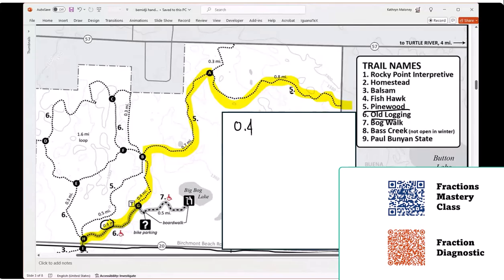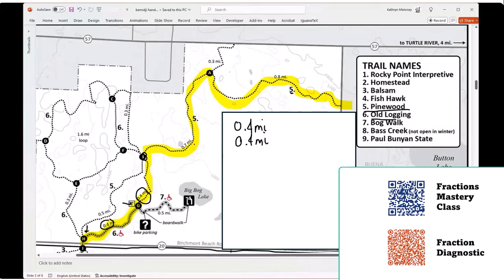0.4 miles. And then we went another 0.4. Now, what do these numbers mean? It means between the letters. Okay. So between H and G, we would walk 0.4 miles. Between G and B, we're walking 0.4 miles. So another 0.4 miles.